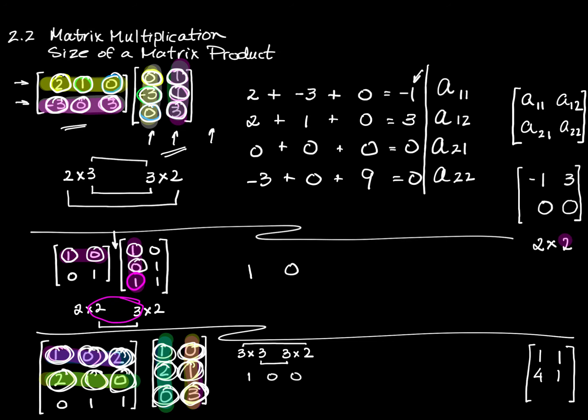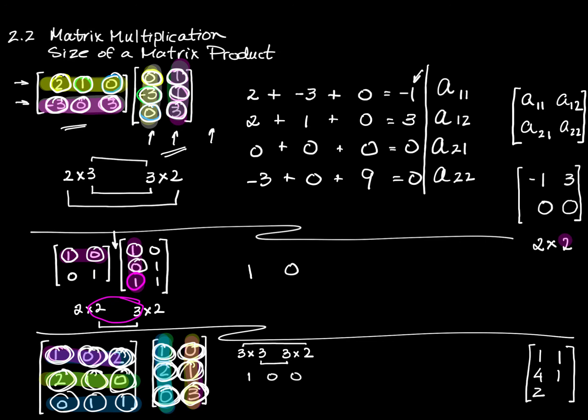So I'm going to go back again now and do the third row with the first column. That's going to give me 0 times 1, which is 0, 1 times 2, which is 2, 1 times 0, which is 0. 0 plus 2 plus 0 is 2. Third row, first column goes in the third row, first column of the resulting matrix.